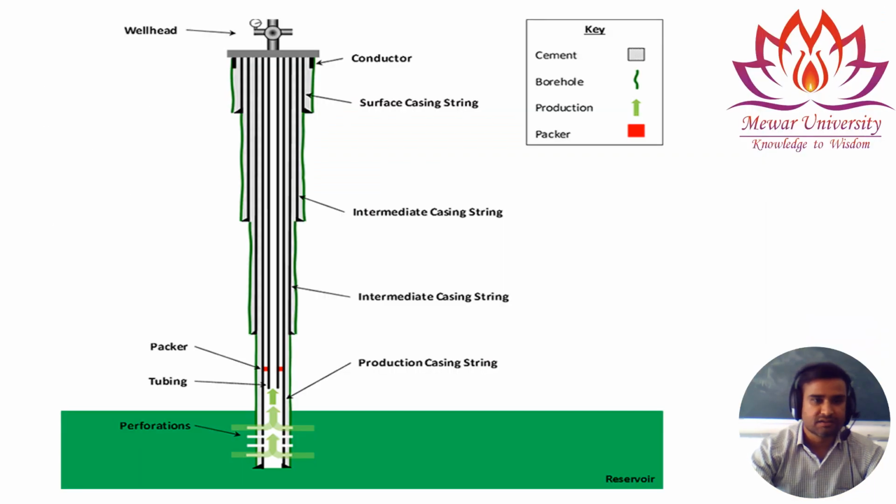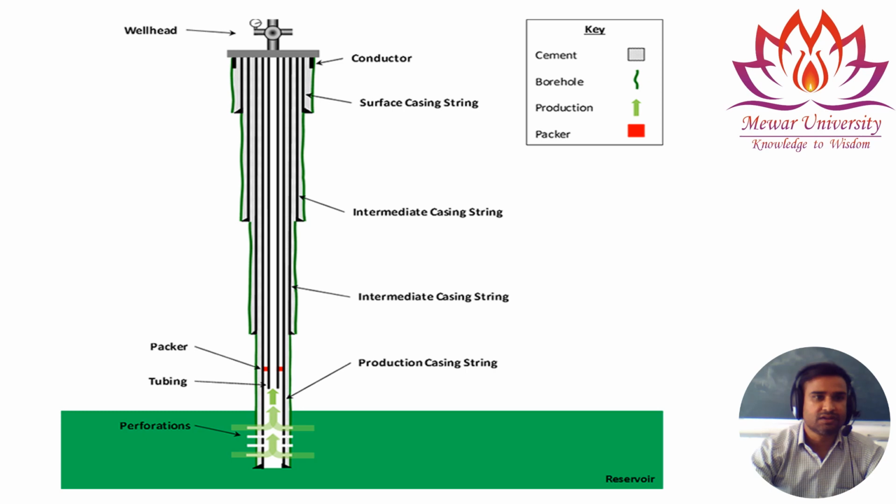You can see the detailed diagram of an oil well. At the top we have the wellhead, and then this is the complete production tubing, the final production tubing, through which the petroleum or crude oil enters and goes to the wellhead.